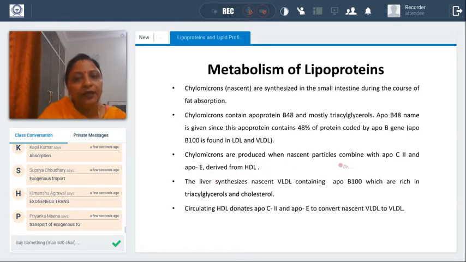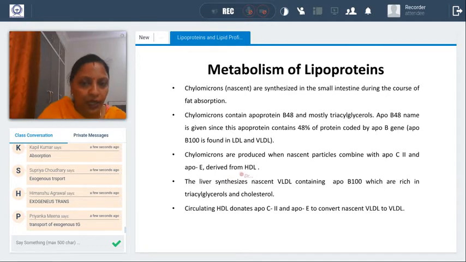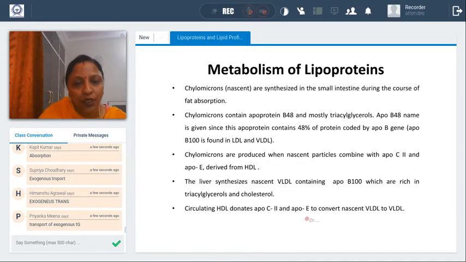Chylomicrons are produced when the nascent chylomicron combines with ApoC2 and ApoE derived from HDL. This is the important line of this whole slide. The liver synthesizes nascent VLDL containing ApoB100, which is rich in TG and cholesterol, and circulating HDL donates ApoC2 and ApoE to convert nascent VLDL to VLDL.